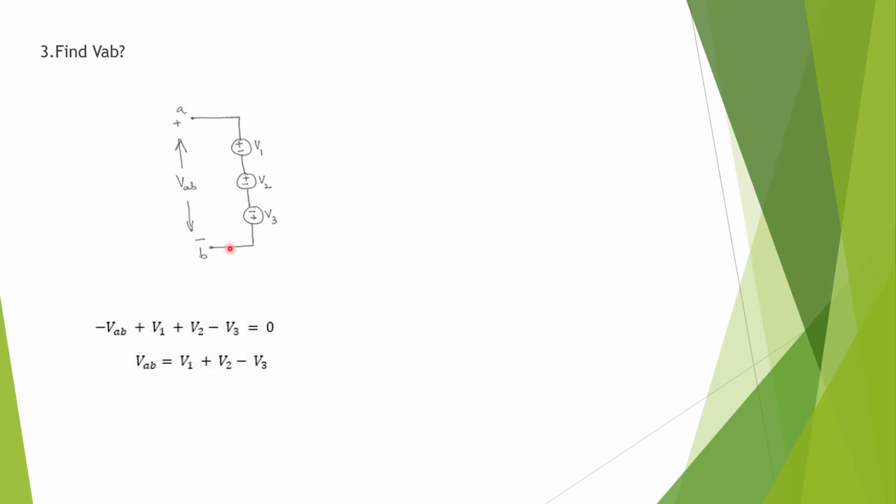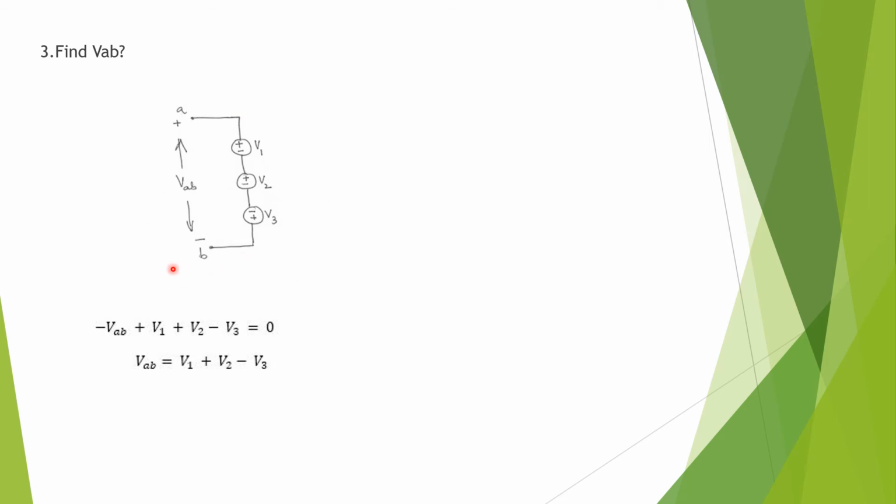In this problem, we need to find the voltage drop across the potential region A and B. So VAB. If we apply Kirchhoff's voltage law, we can consider it a closed path or closed circuit. So based on that consideration, I will take the direction from this region to this region, clockwise direction.